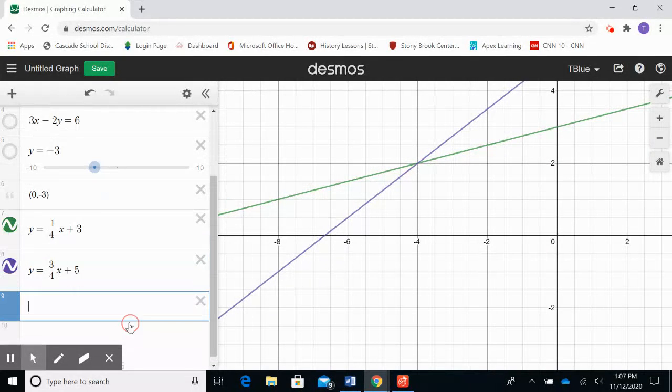So we just checked our answer, and we have negative 4, 2. Some parentheses around these, negative 4, 2. There's our answer, number 14.